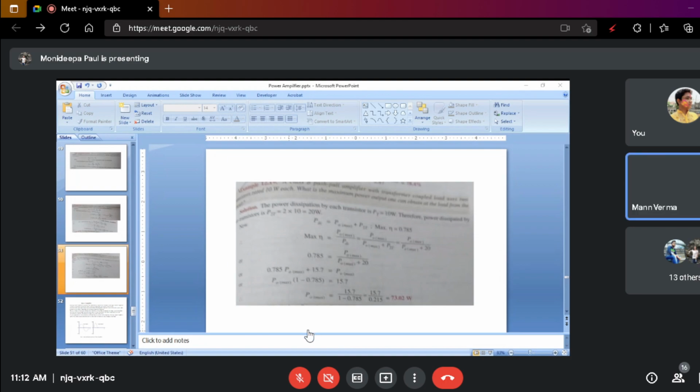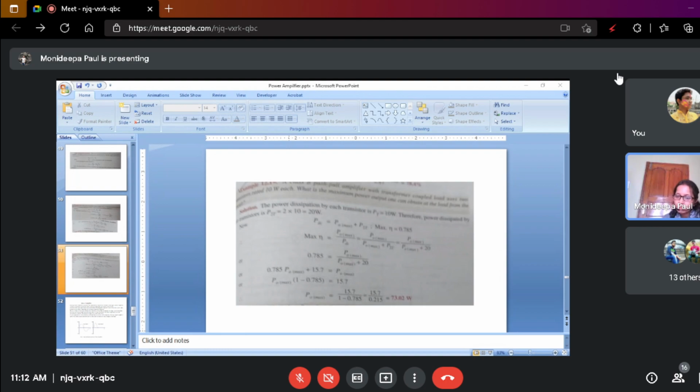Ma'am, can you please repeat the formula once? From which? Yeah, 0.785 is equal to, what is the formula of efficiency? Output divided by input. What is the input in this case? Output plus power dissipated.